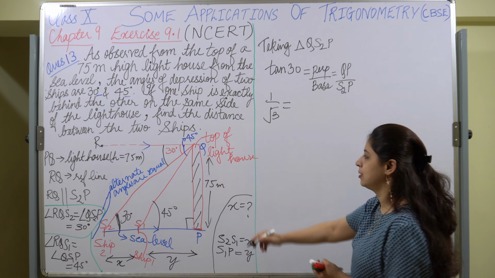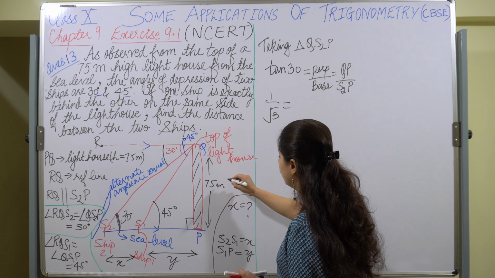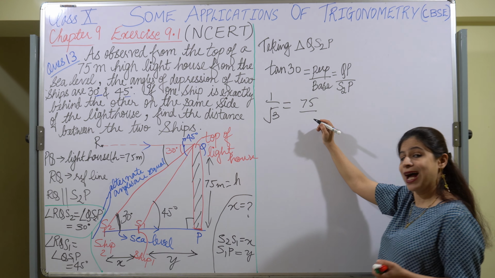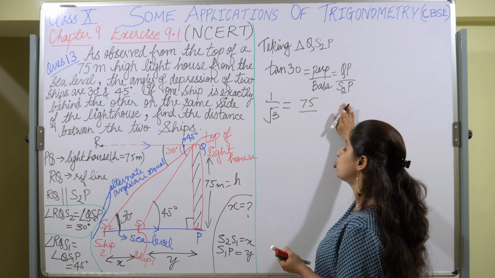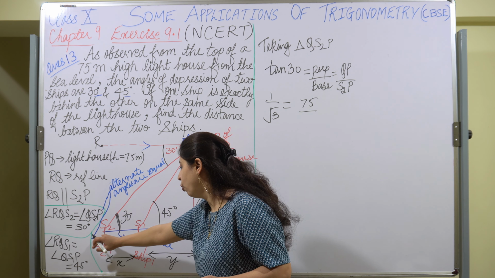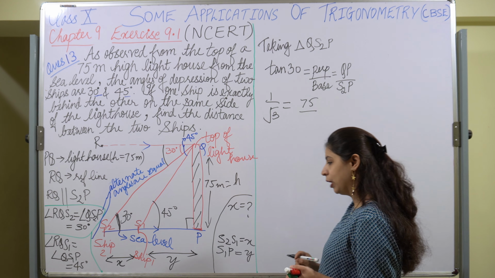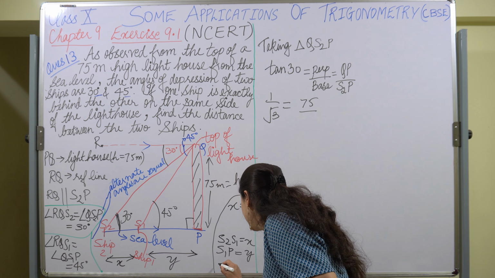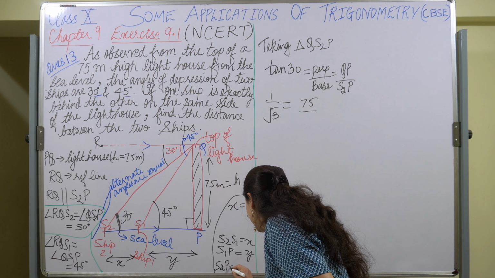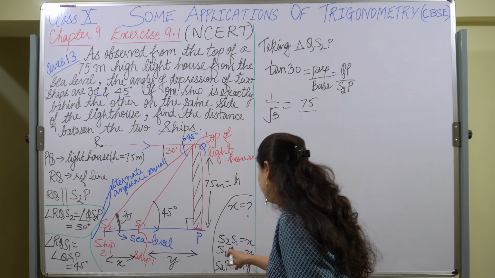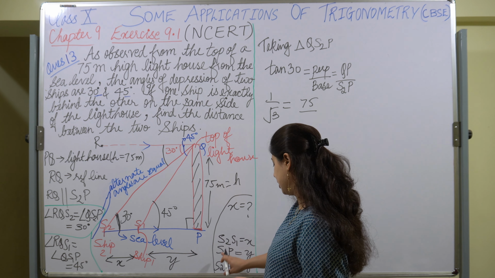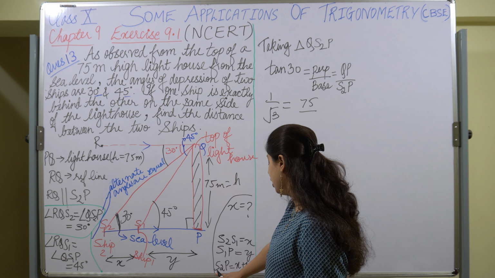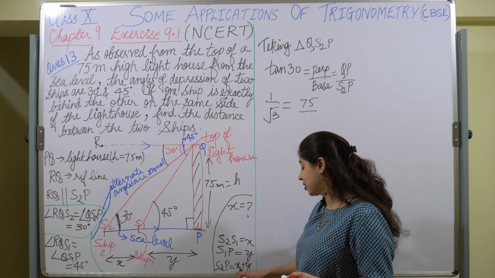QP is the height of the lighthouse, which is given by h, equal to 75 meters as given in the question. And S2P is the whole length from here to here, so it will be x plus y, because S1 is x and S1P is y, so the whole length of the sea level S2P is x plus y.